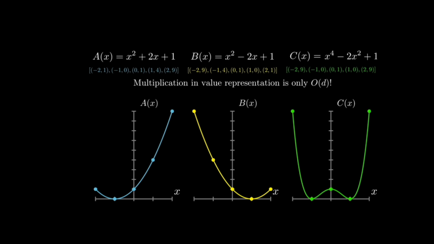From this you get the value representation of c of x, that is minus 2 comma 9, minus 1 comma 0, 0 comma 1, 1 comma 0 and 2 comma 9. So instead of polynomial convolution, we just multiply the corresponding values. Multiplication in the value representation is only O of d, which highlights how efficient this is compared to the traditional O n square multiplication.